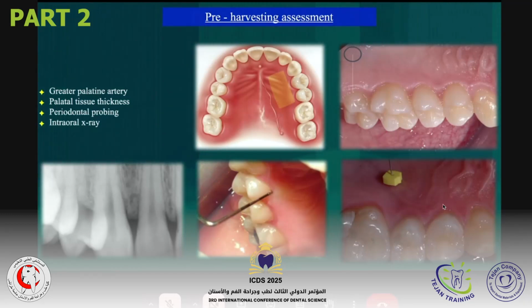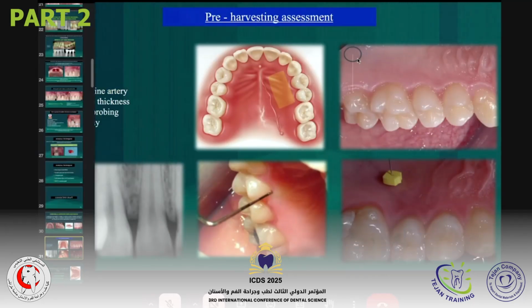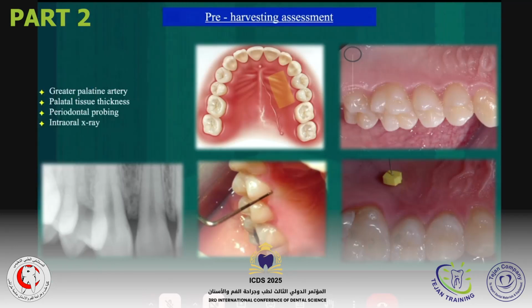Remember that we have here the greater palatine artery.